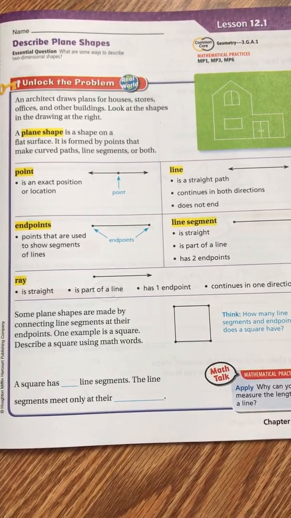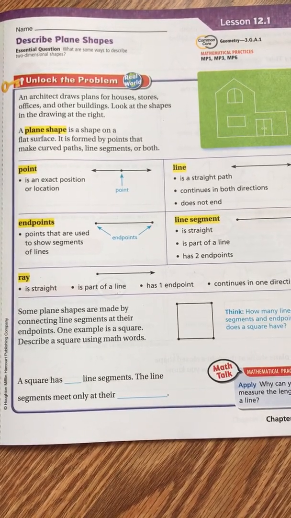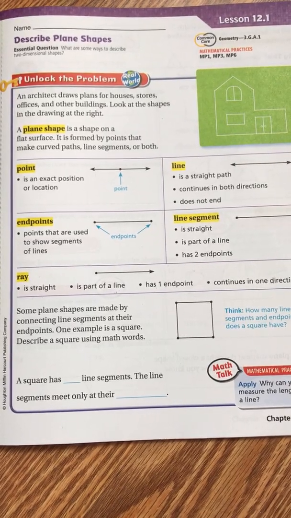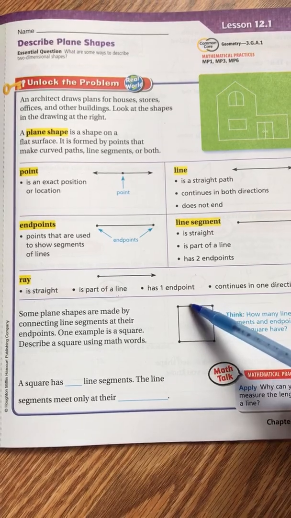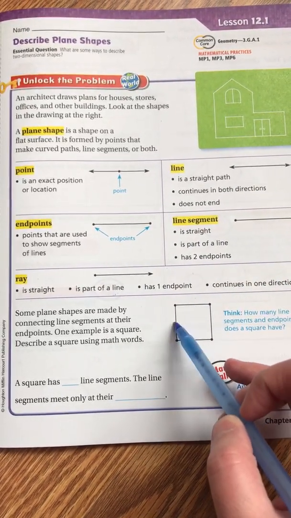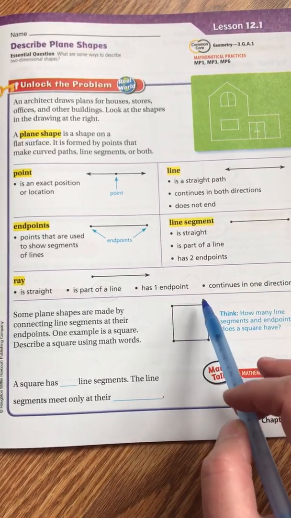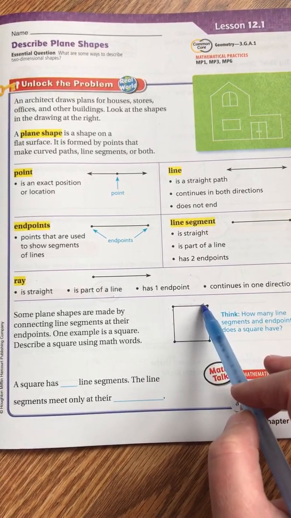Okay? Some plane shapes are made by connecting line segments at their endpoints. One example is a square. Describe a square using the math words. So if we look at our square here, it has line segments, okay? It's straight, it's part of a line, and it has two endpoints, okay?